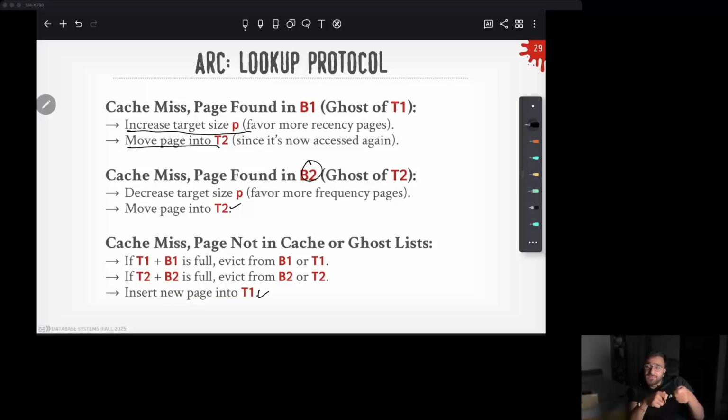And that serves as a tweaking parameter for maintaining that P. So if you are taking a lot of hits on pages that should have been most recently used, then the expectation is that this ARC algorithm will automatically increase your P and you'll have more recent pages. So it tries to balance between recency and frequency while maintaining a ton of infrastructure, like you're maintaining four queues and a parameter P itself.